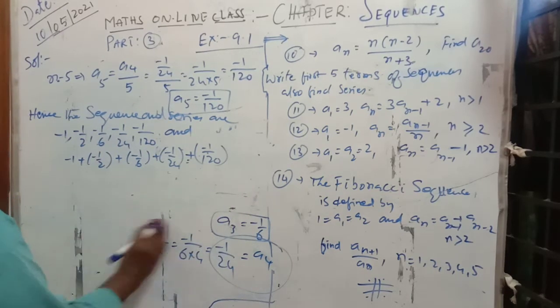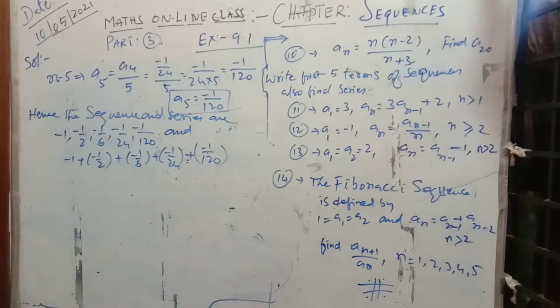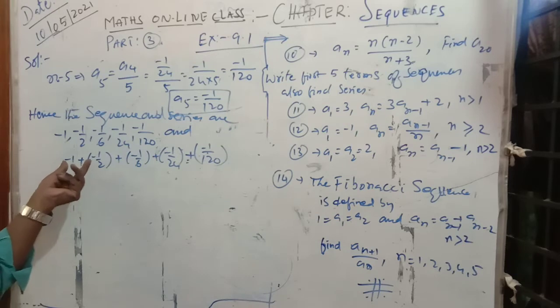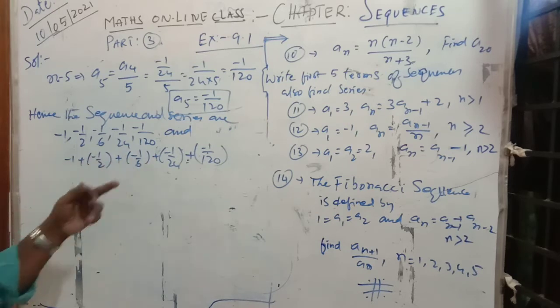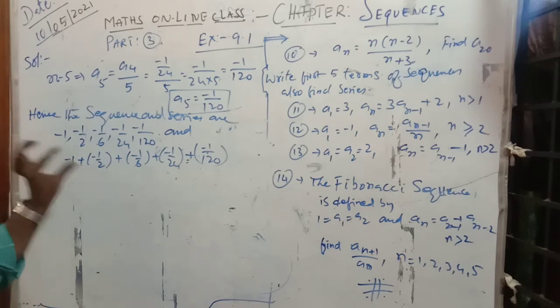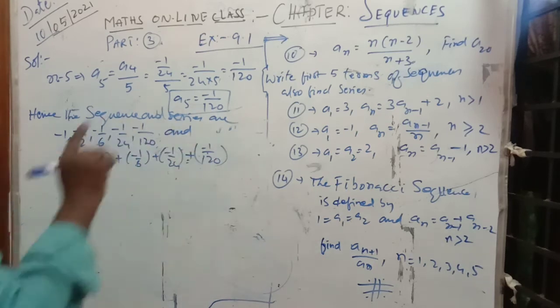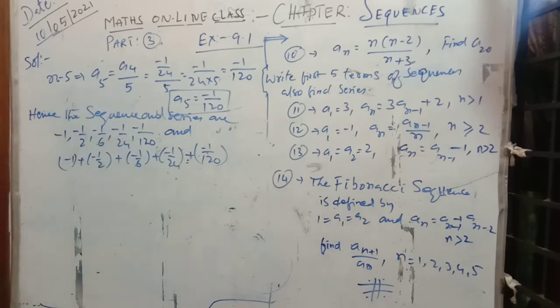I forgot to write the series in the first problem. What is the difference between sequence and series? You give a sign plus. Here it is plus. You write like this only. This is the correct one. This is the series, where this one is the sequence.